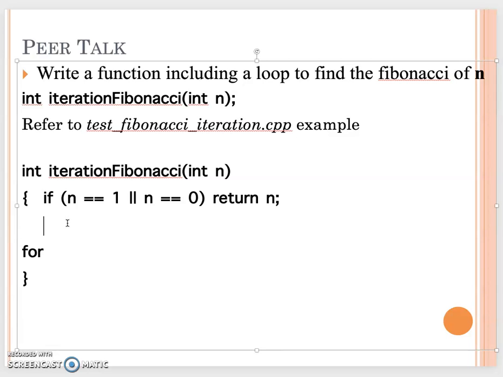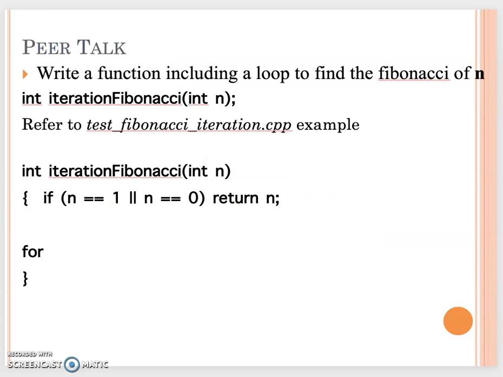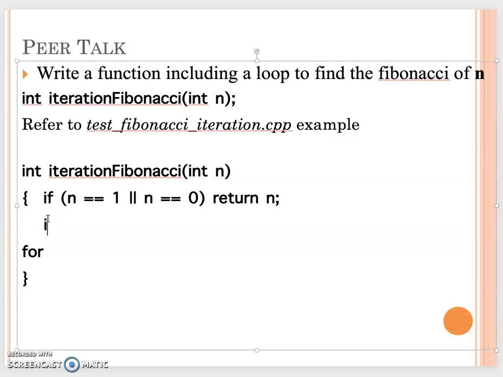Now, if n is not equal to 1 or 0, how should we write the for loop? I need to write a for loop, but I also need to define some values. Remember, Fibonacci n equals the previous two numbers added together. So I need to define a couple of variables. The first one is result, which will hold the Fibonacci n.